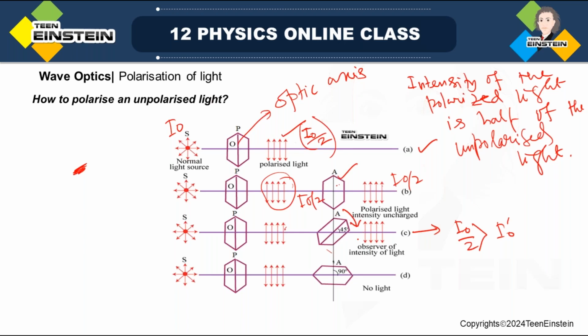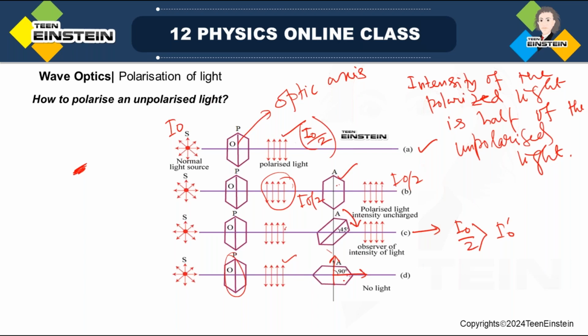And further, if the analyzer crystal is rotated to a position where its pass axis is perpendicular to the pass axis of the polarizer, look here: the polarizer has its pass axis this way, and the analyzer has its pass axis in this way. So these rays are parallel to this axis, right?